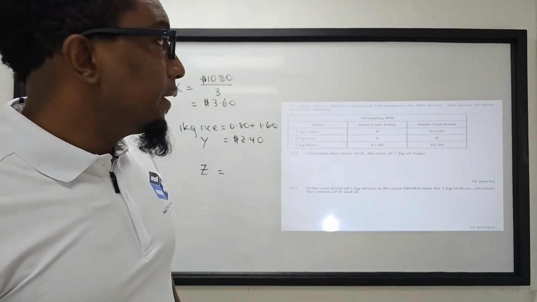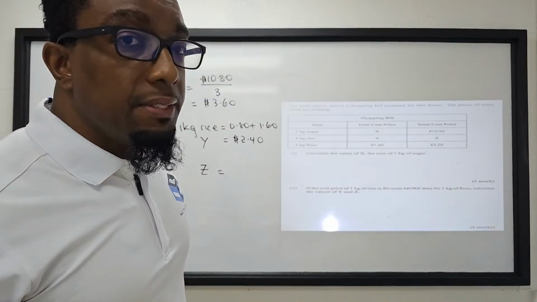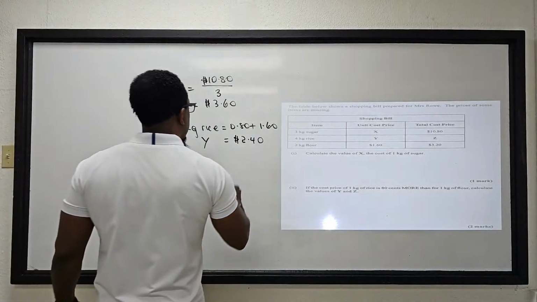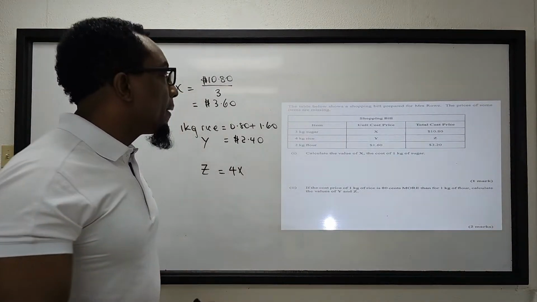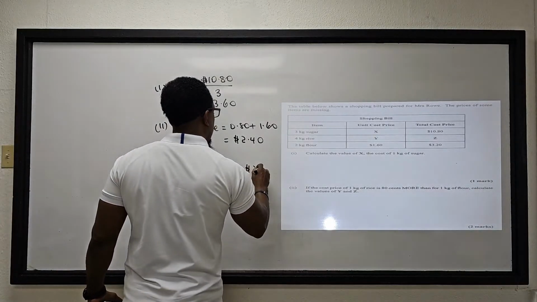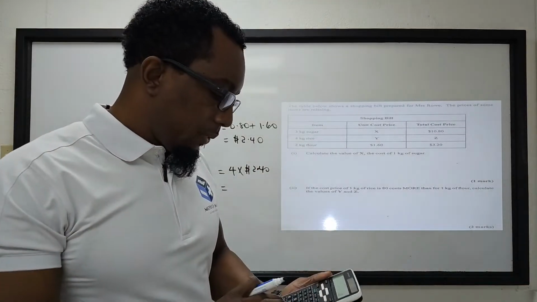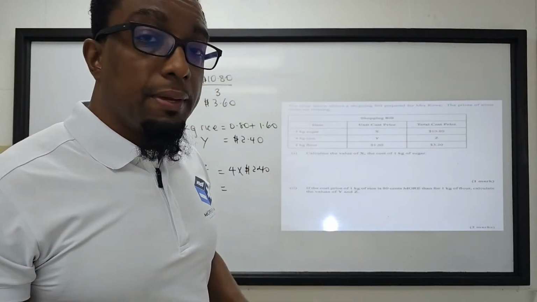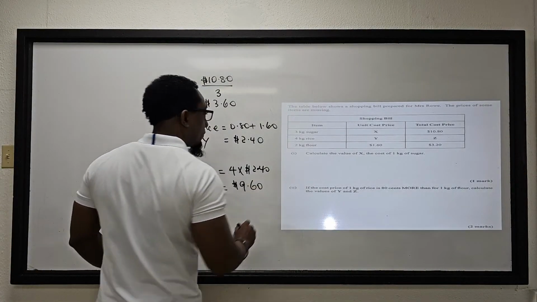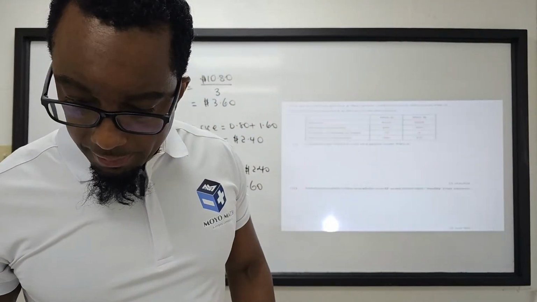If we know the unit price of 1 kilogram of rice, then it's easy for us to find 4 kilograms of rice. And 4 kilograms of rice will be 4 multiplied by $2.40. And $2.40 times 4 will give us $9.60. That will be your answer for Z. Alright, let's move on to another.